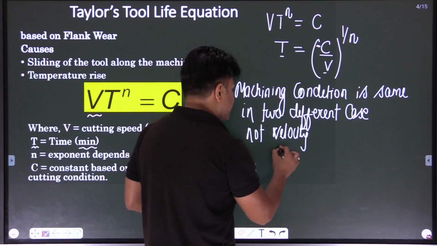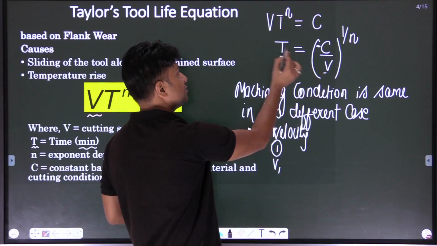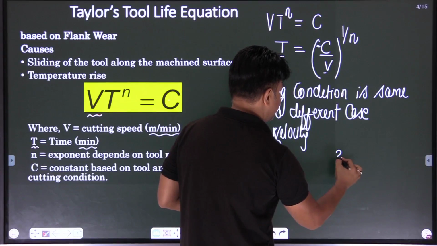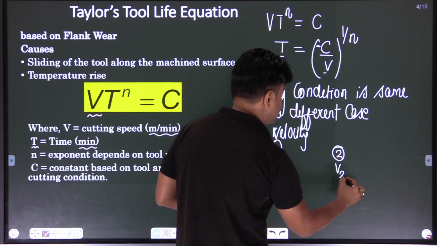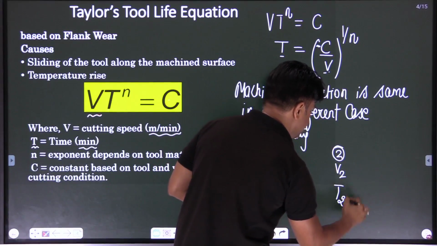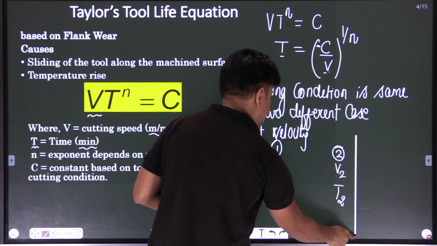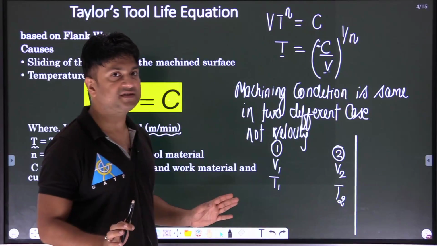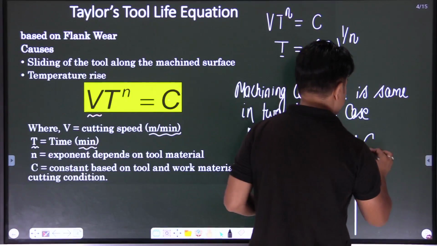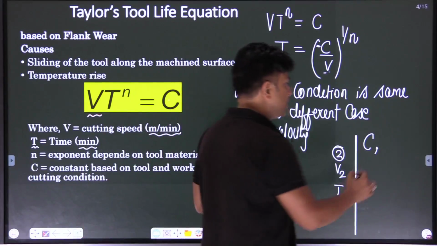Suppose in case 1 the velocity is V1, then you get the corresponding tool life T1. In condition 2 you change the velocity to V2, and corresponding to V2 you get the tool life T2. Everything else is the same, so C is the same in both cases, and even the tool is the same, so N is the same.